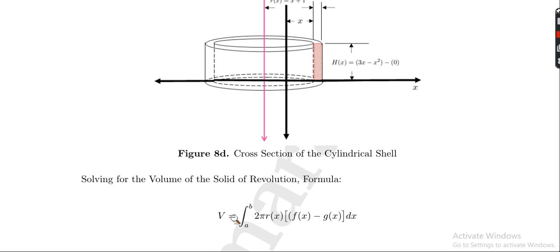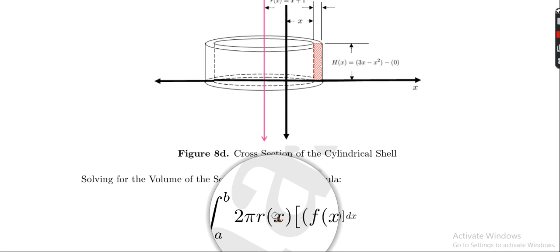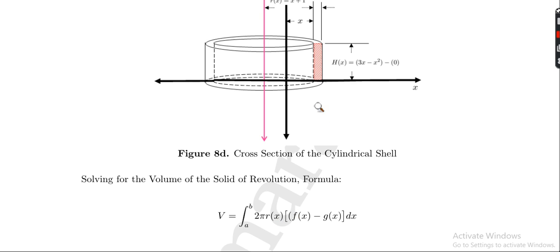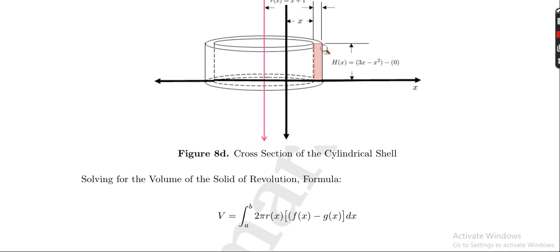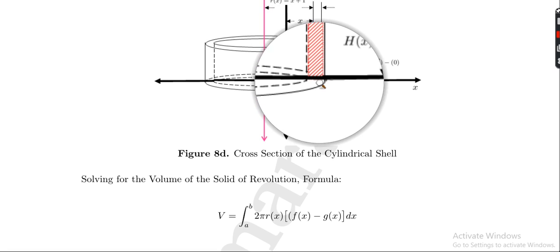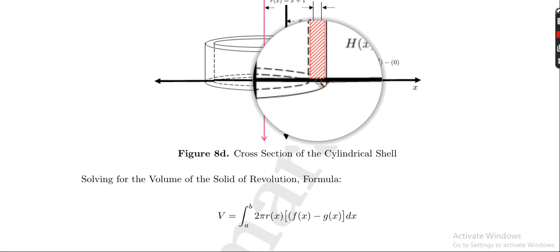The volume of the solid is equal to the integral of the constant 2 pi, times r of x. This r of x is the radius of the shell. The radius of the shell is measured from the element up to the axis of revolution. Then we have the height of the cylinder, and the height of the cylinder is measured from the tip of the rectangle up to the bottom of the rectangle.